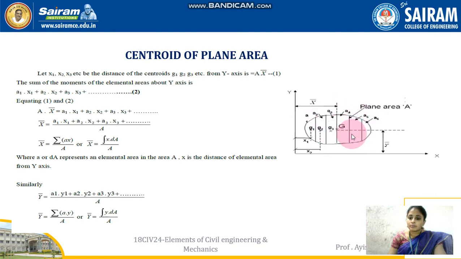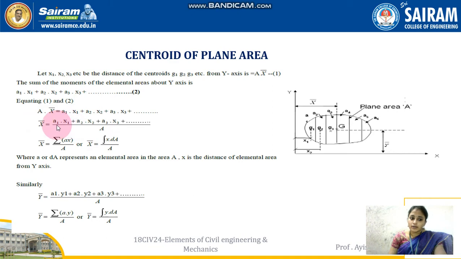So A into x bar will be equal to the sum of the moments of the individual parts. So we get the equation A x bar equals A1 x1 plus A2 x2 plus A3 x3 and so on. So x bar will be equal to this divided by the denominator, which is the overall area.